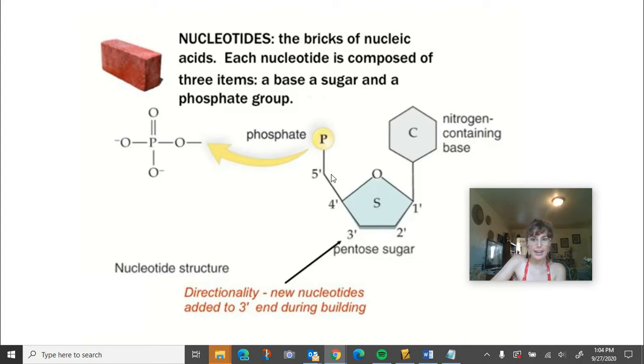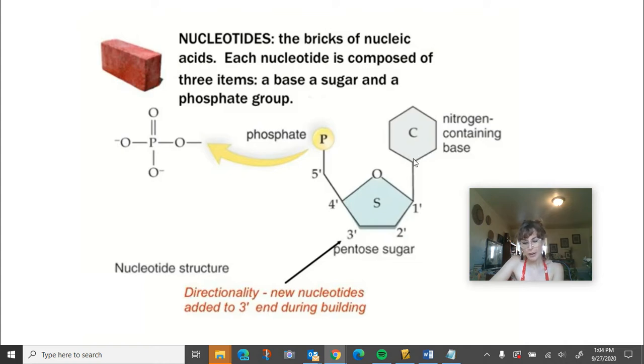And that fifth carbon is always going to be bonded to the phosphate group. Think of the roof of the house: the little chimney going up is where our phosphate group is, and the 1 is where our nitrogenous base is.